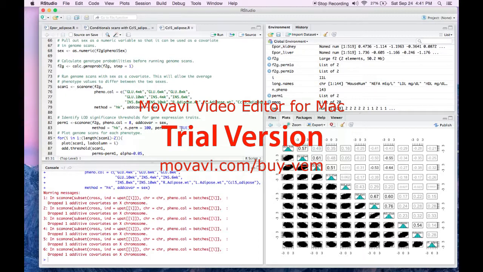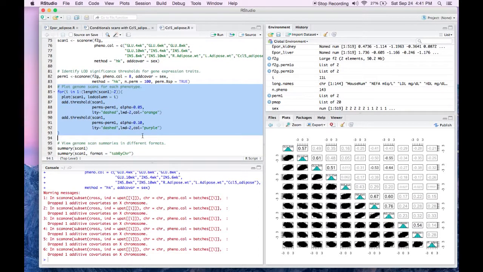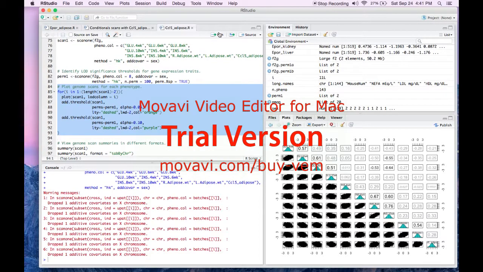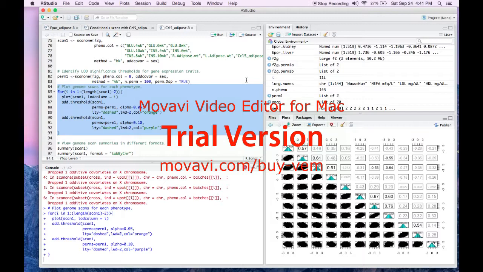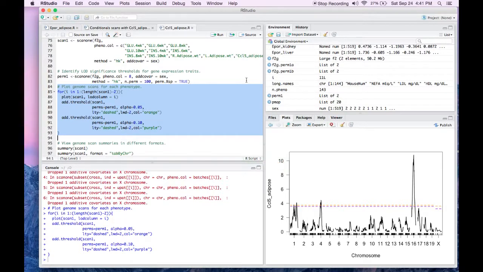Alright, so I've actually already run this permutation test, so I'm not going to run it again because it takes forever. But that just identifies a threshold that it puts on your graphs, so you can use it as a basis for what's significant and what you want to look at. Because it generates these LOD score plots, which stands for logarithm of odds score. It's basically plotting the probability that the gene we're looking at and the phenotype are related.